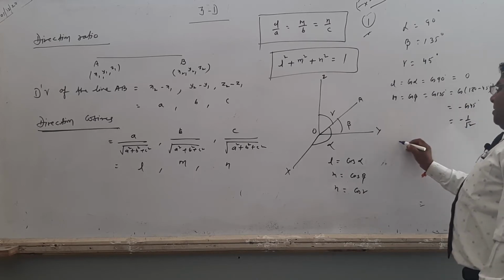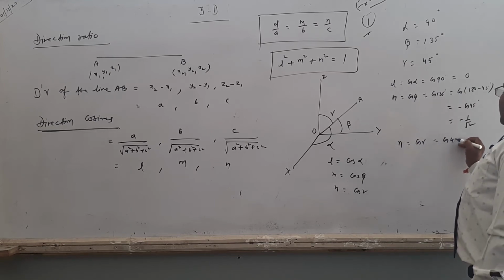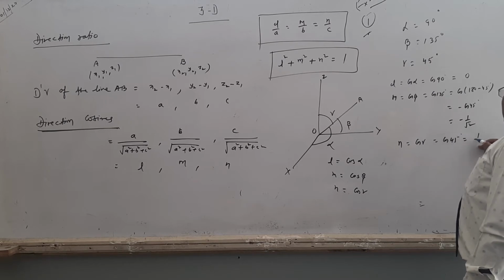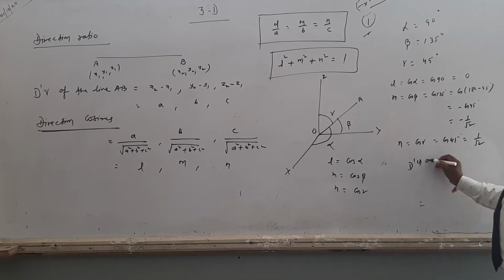And n is cos gamma, and gamma is given 45 degrees, so that is cos 45, 1 by root 2. So what are the direction cosines? In short we write DCs. Direction cosines of the line are 0, comma, minus 1 by root 2, and comma, 1 by root 2.